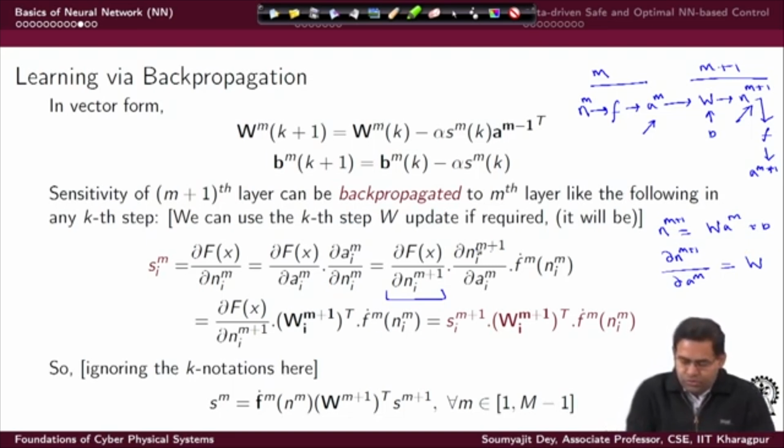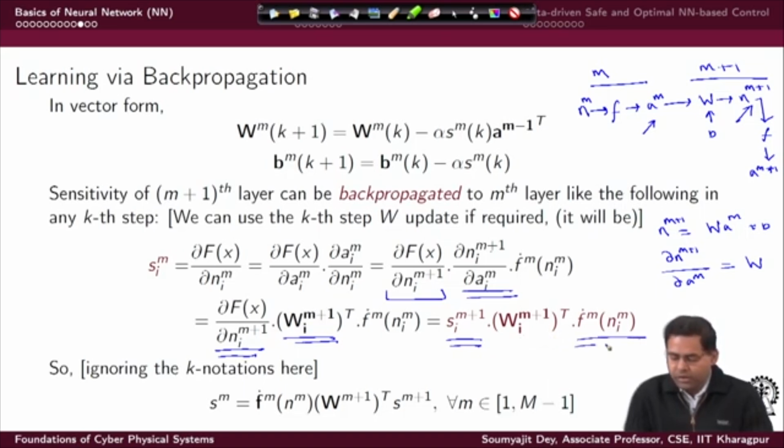So this term gives you this, and you still have the first term. But by the way, what is the first term? This is just the definition of sensitivity for the m plus 1th layer, right? So then you have the sensitivity of the m plus 1th layer multiplied by the transpose of the weight in the m plus 1th layer, multiplied by the derivative of F, the activation.